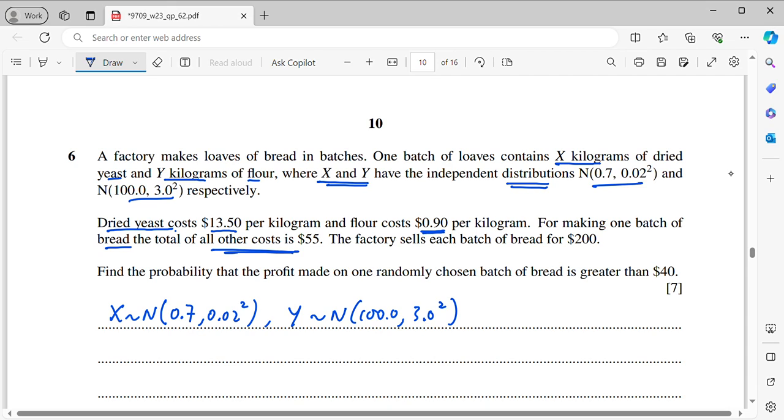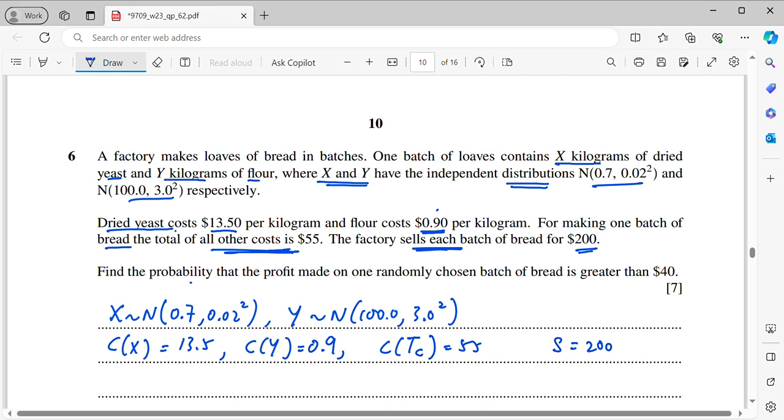Okay, so I will write cost for X is 13.5. Cost for Y is 90 cents, 0.9. And then cost for others, let's say T cost for others, it will be 55. And then selling price, it will be $200.